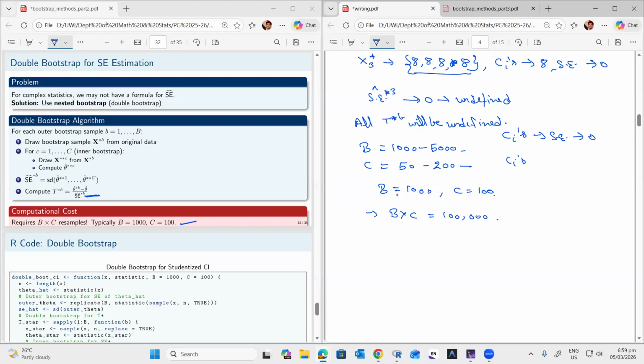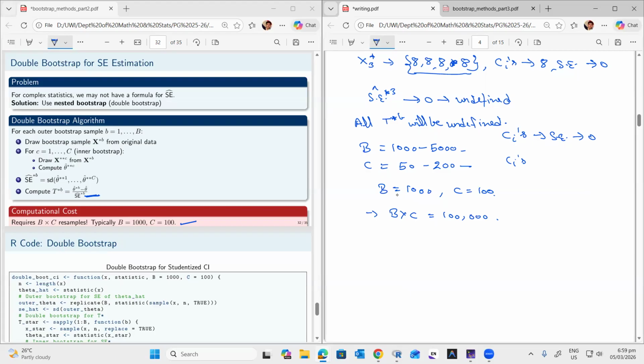Another thing is that you should have enough computational resources, meaning your system should have large computational capacity, basically the RAM should be very high.